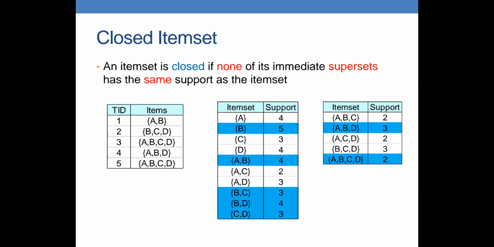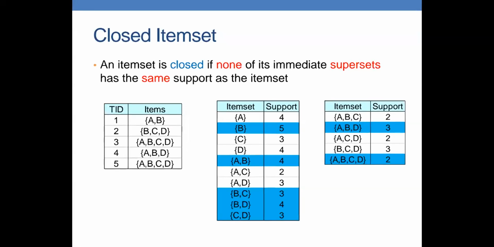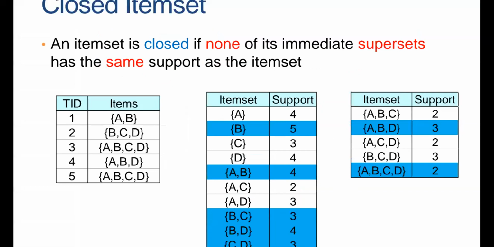And C is purchased by only 3 people, so you represent it as 3. And D is purchased by 4 people, that is D's support is 4.